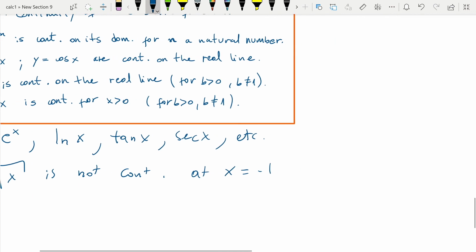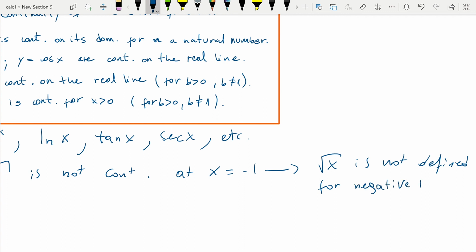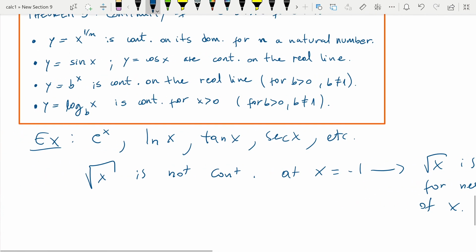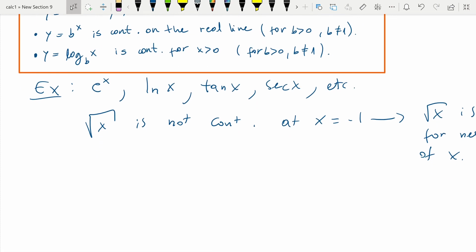The function is not even defined there. But if it makes sense to plug in that number, then the function is continuous at that point.